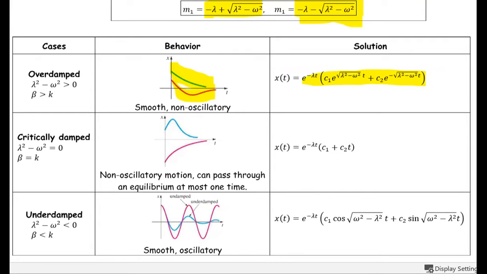The other case is called critically damped. That means you have the repeated root, case two. You have the exponential term, and in another term you have the same power of the exponential, but you multiply by the independent variable, in this case the time t.